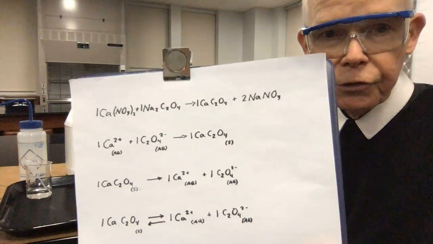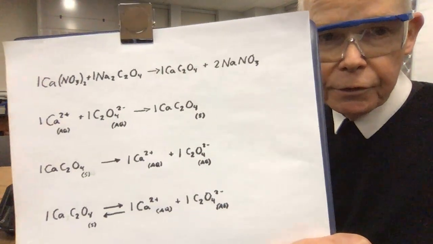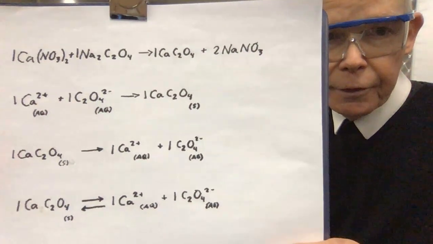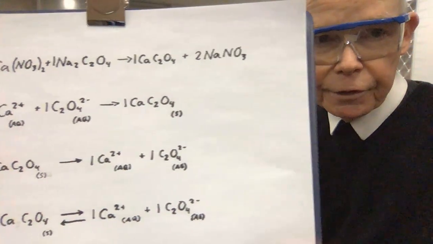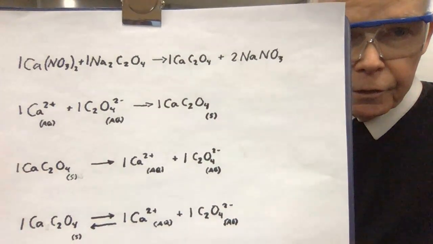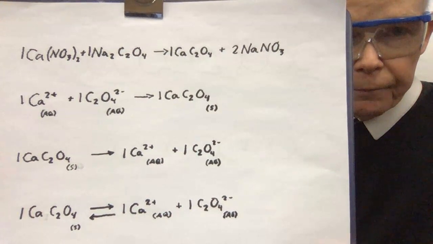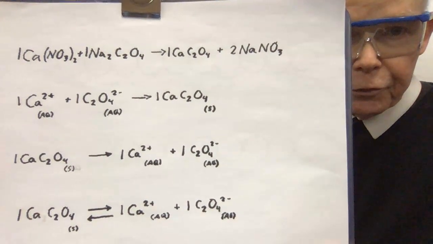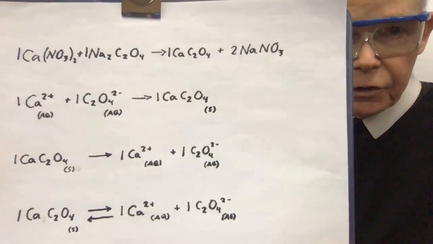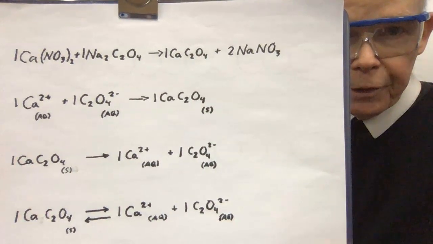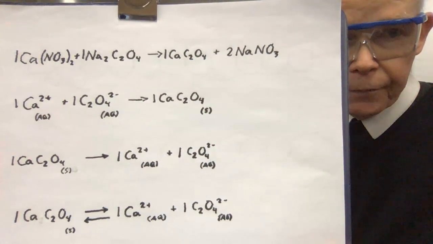The reaction we're going to do is the one we see at the top here, with calcium nitrate and sodium oxalate reacting. They will produce calcium oxalate, and sodium nitrate is the leftovers.